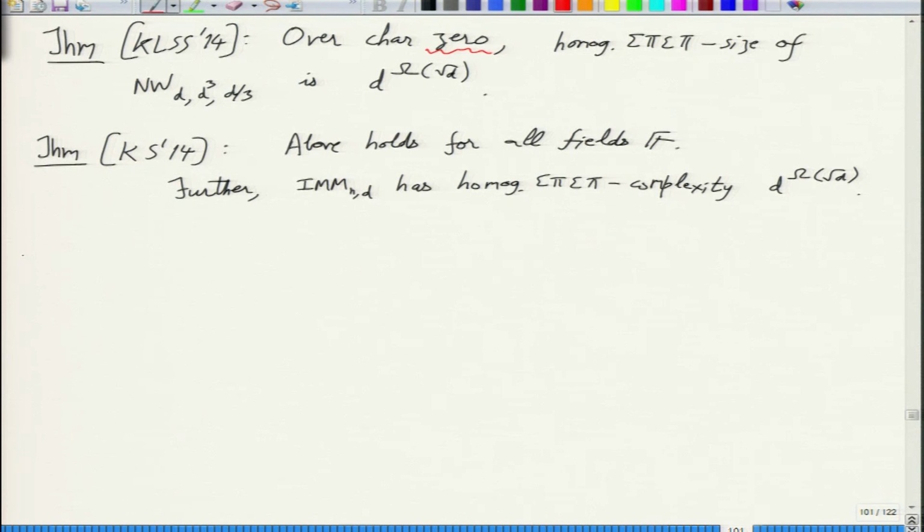Proofs are being left; they can be read from Ramprasad's survey. Right. Any other questions? Okay.